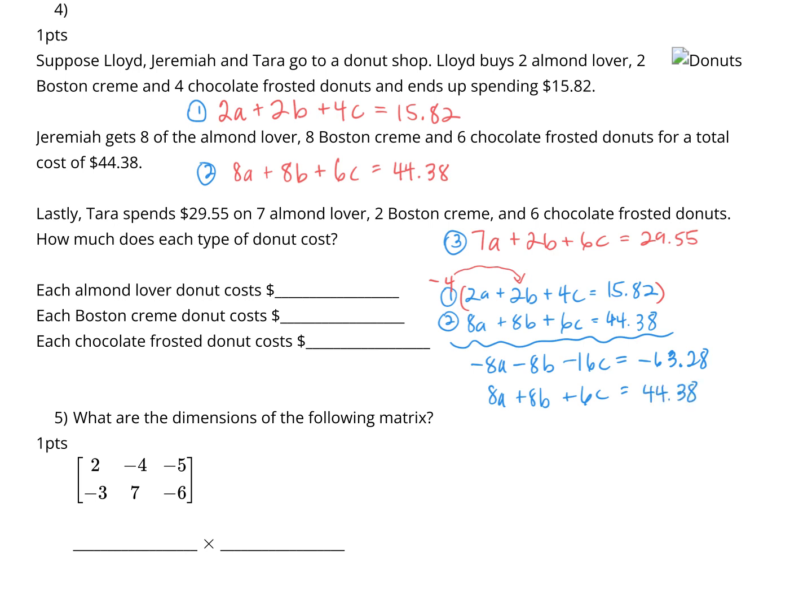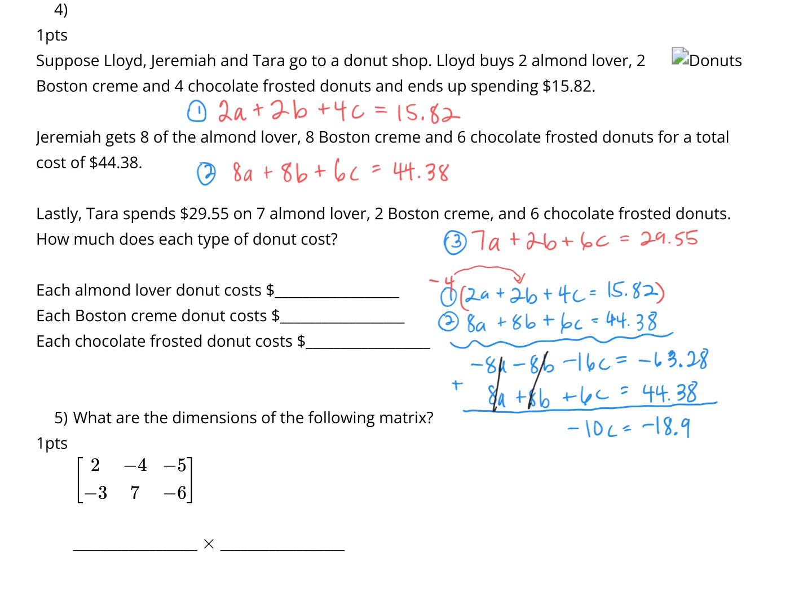Okay, so now I want to add these together. And let's see what happens. Oh, well, actually, in this case, this kind of works out well. The a's and the b's cancel out because they're both opposites. So this will end up leaving me -10c is equal to, let's see, -6328 plus 4438 is equal to -1890.